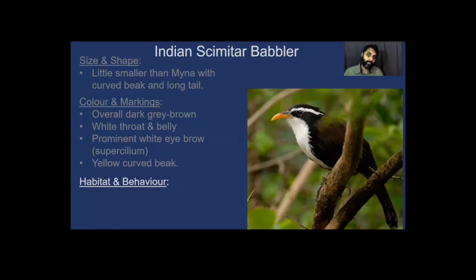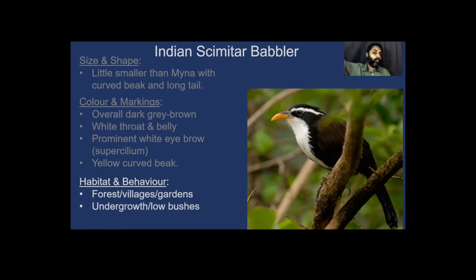So what we learned about the habitat and behavior, let's put it across to our Indian scimitar babbler, correct? Where they are found, habitat: forest, villages, and gardens. Where they are found in this habitat is in undergrowth or low bushes, not on top of the trees. Very rarely on top of the trees.